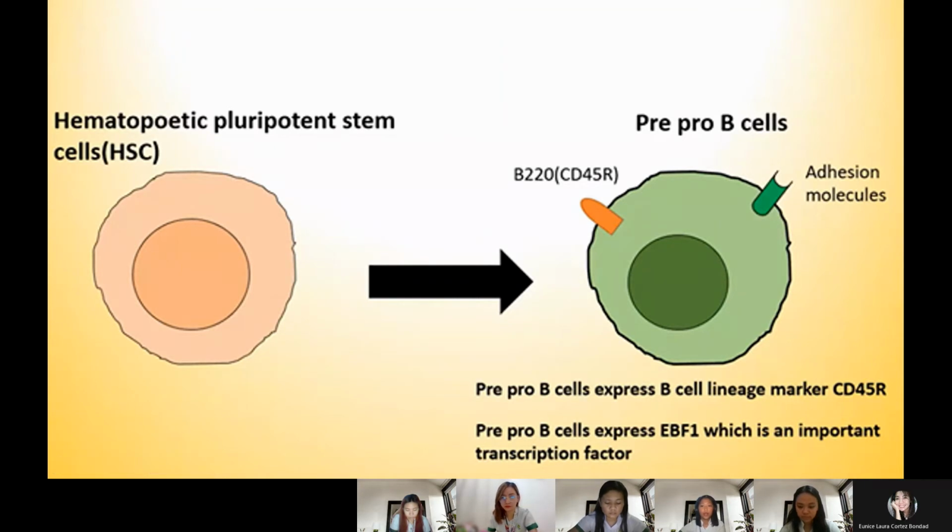At this stage, the B cell expresses some adhesion molecules. Also, these pre-pro B cells express a B cell lineage marker, which is B220. Also, at this stage, the B cell expresses another transcription factor, which is known as EBF1, and we will learn about its function and its role in B cell development. Next slide.